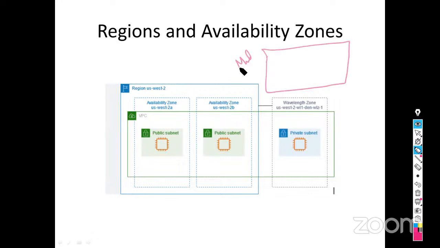In that Mumbai region, I want to deploy services. To further segregate my services, they created availability zones. Availability zones are just like your data center. This will be my data center one, and this will be my data center two.